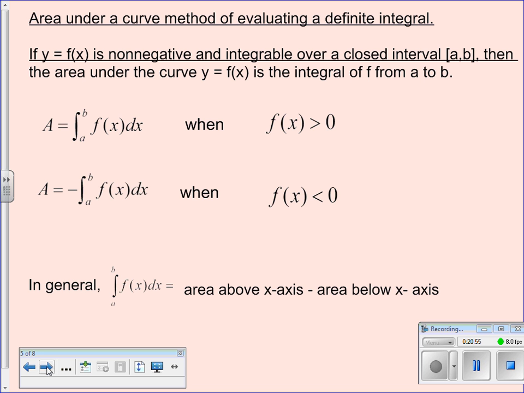That's why we got a negative area, because f of x, the function we were evaluating, was below the x-axis. Anything above is considered positive, anything below is considered negative. It is entirely possible to have an integral of 0. If the area below and the area above are equal to each other, what's my integral? My integral would be 0. There are other ways to get 0 integrals, and we'll hit those coming up.